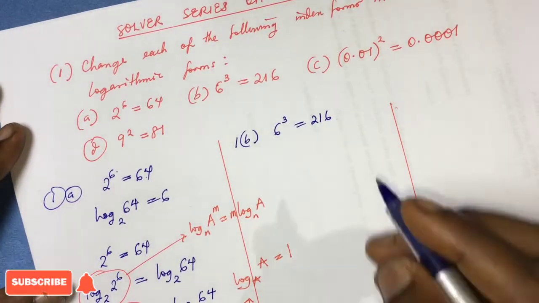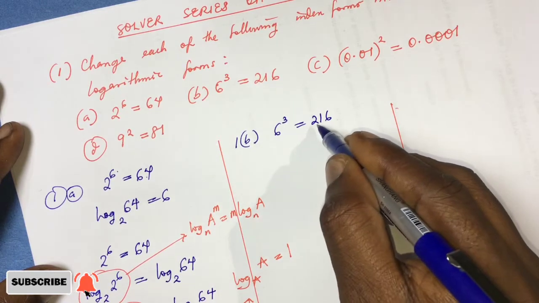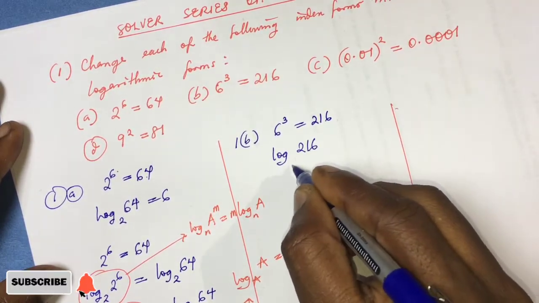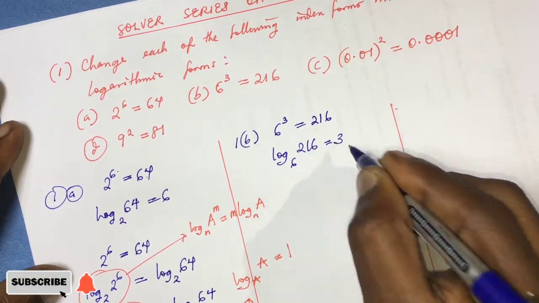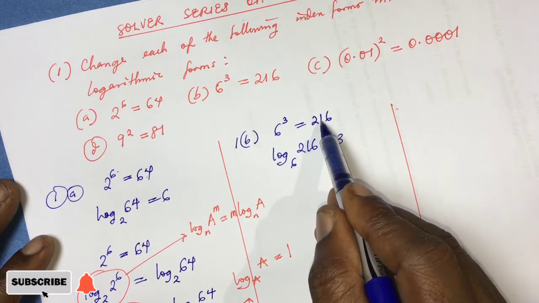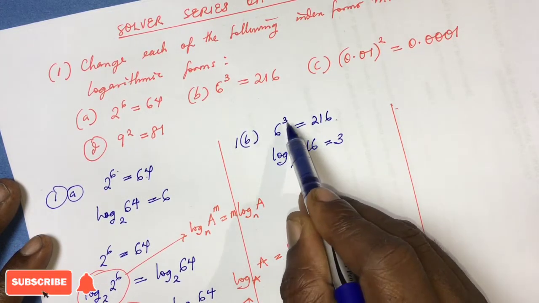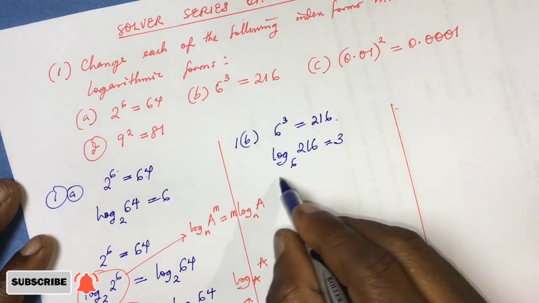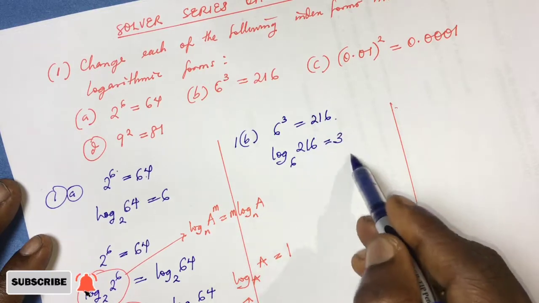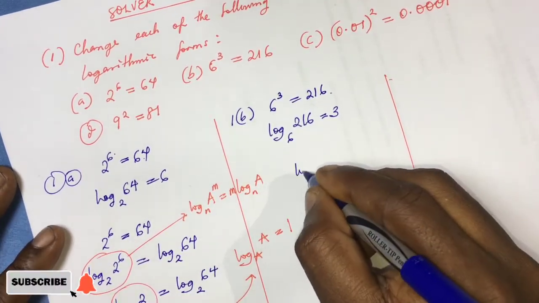If you understand the definition of logarithm, it simply means if 6 raised to the power 3 equals 216, it is only because the logarithm of 216 in base 6 is equal to 3. So you see how simple it is. That is one way to convert a number in exponential form or index form to its corresponding logarithmic form.